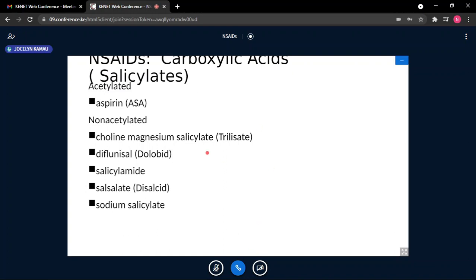So we start with the first class, carboxylic acids. And what I want us to do, I don't know, were you able to print? I sent it too late. Were you able to print the structures I sent to you? Had I requested you to draw the structures of the non-steroidals? I can't remember. Naomi, students, were you able to print the non-steroidal anti-inflammatories which I sent to you?